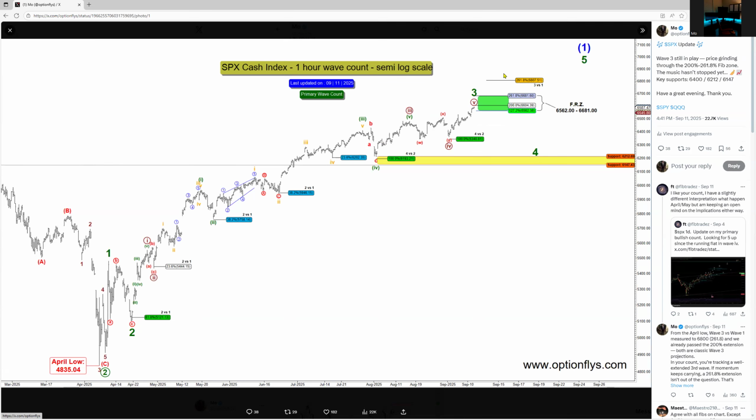Once you reach this zone right here, this fib, you could make a little bit more room to the upside. You're going to be due for a fourth wave pullback from here. Normally, on a strong uptrend, 200% will put in a bit of a pause.